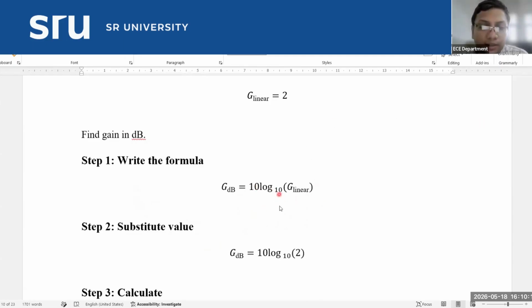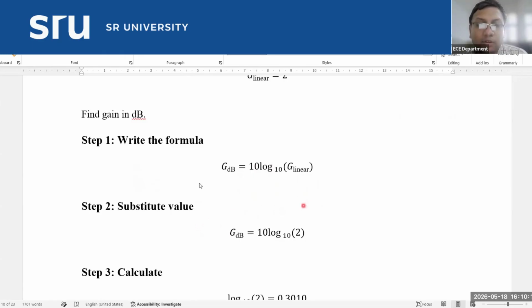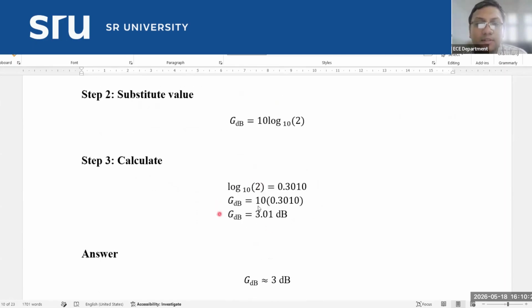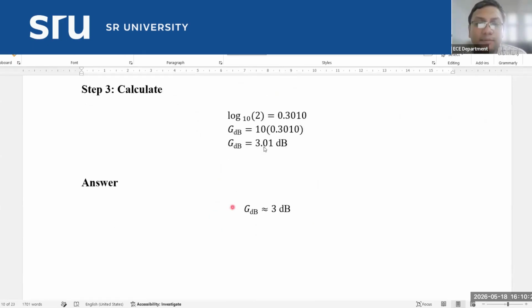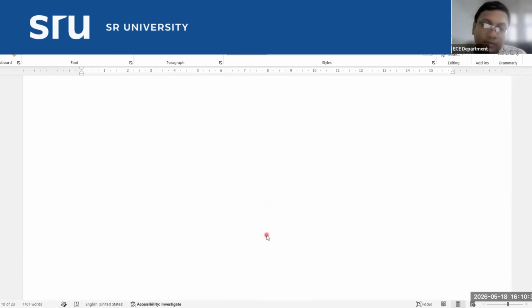Now if you substitute the value, 10 log 2 base 10 is 0.3. If I multiply it by 10, then it becomes 3 dB.